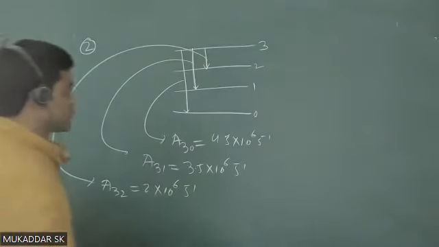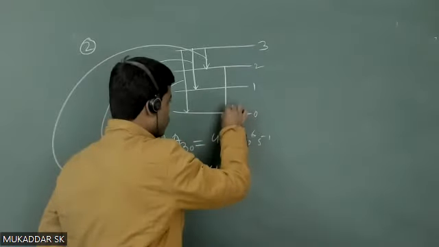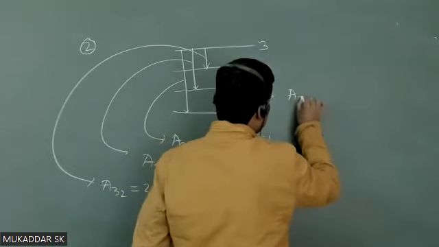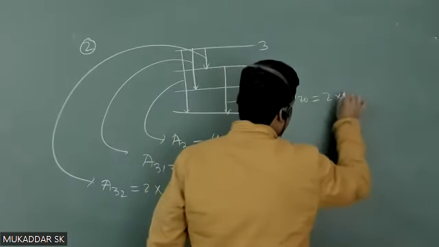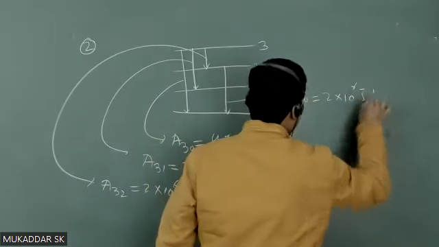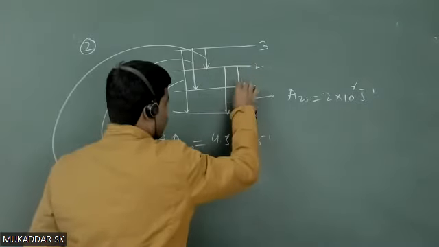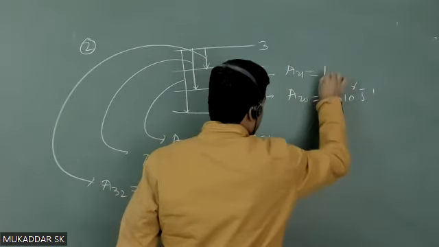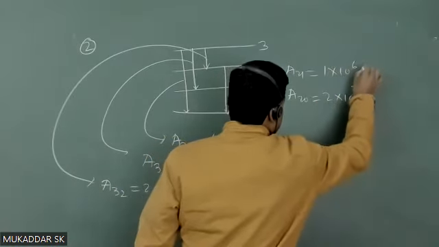There is another process also given, 2 to 0, the spontaneous probability, that is A20, 2 into 10 to the power 6 second inverse, and 2 to 1 with a probability of spontaneous emission given as 1 into 10 to the power 6 second inverse.